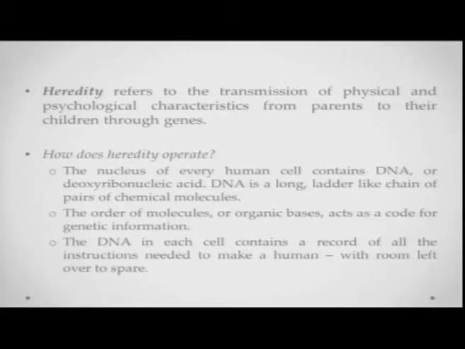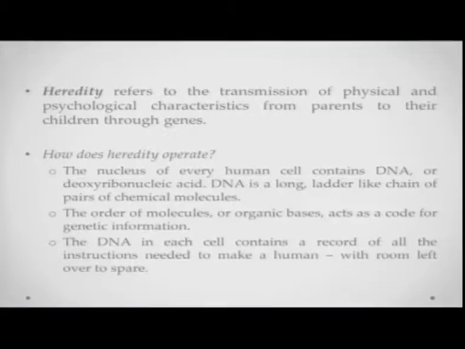Now, let us go a little bit more into detail about the biological evolution part. Heredity basically refers to the transmission of physical and psychological characteristics from parents to their children through genes. I will talk about what genes are. There are two things: physical characteristics, how tall you are going to be, the color of your hair, eyes, the shape of your ears, and also psychological characteristics.